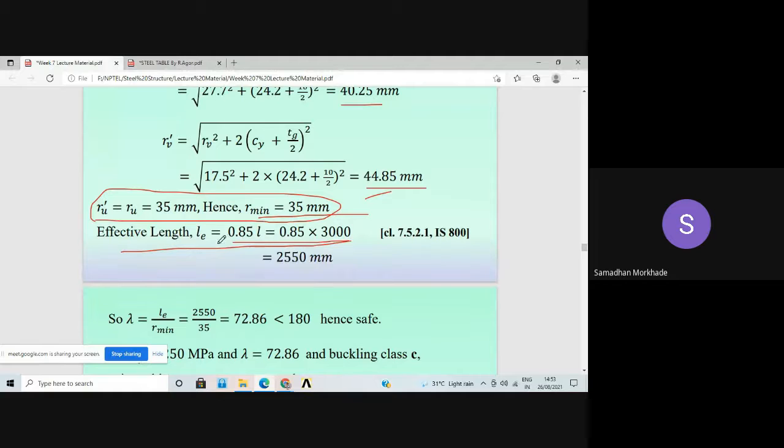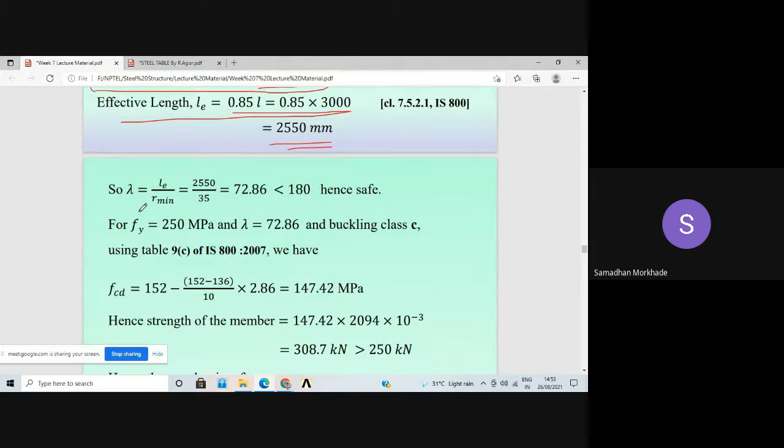So he has assumed the center to center length given in the example, and effective length criteria of 0.85 L for the strut member. So 0.85 into 3000, that is 2550 mm. This is the effective length.